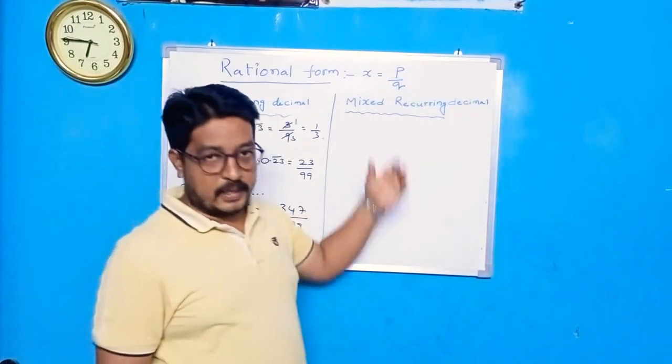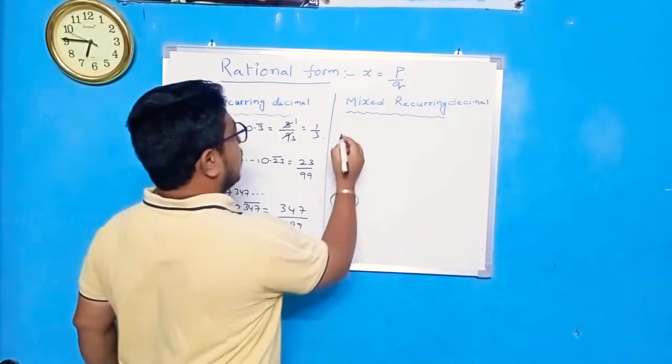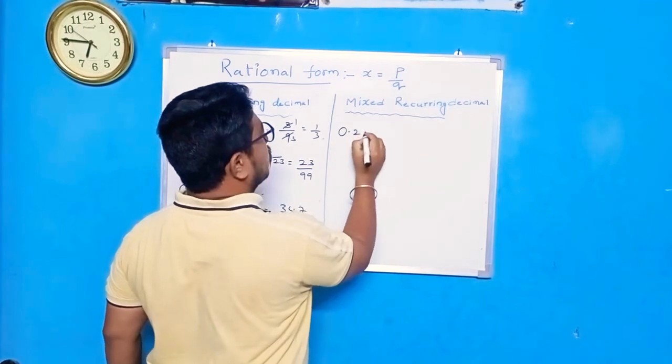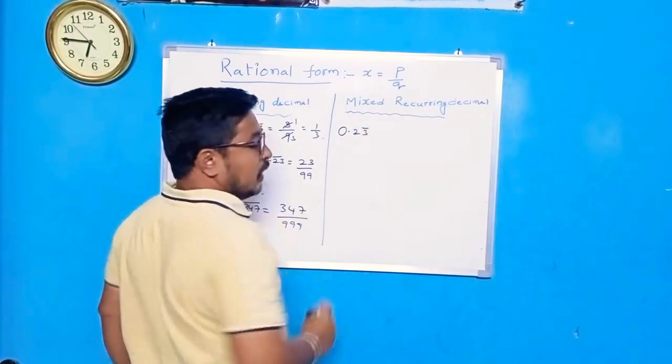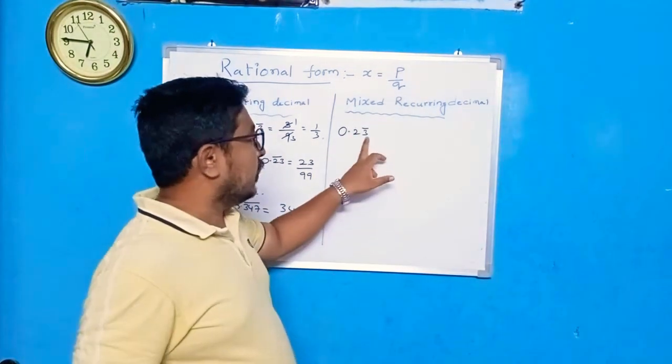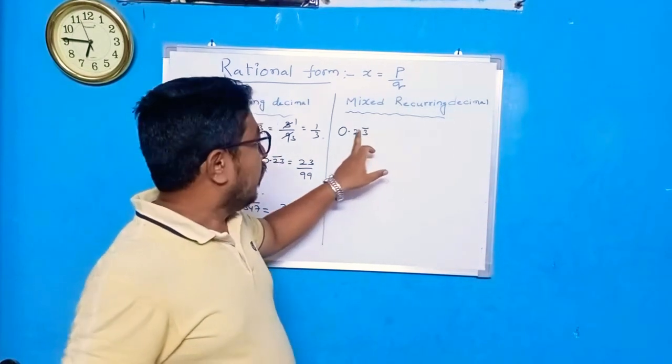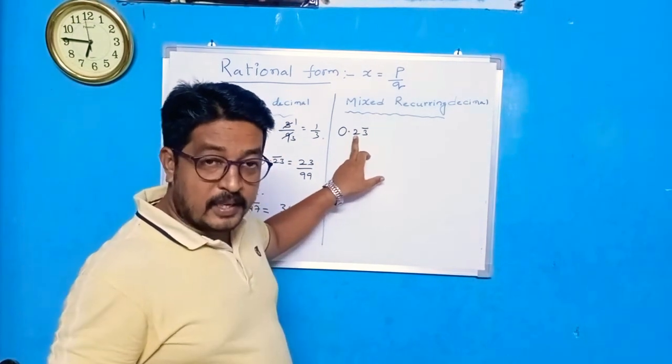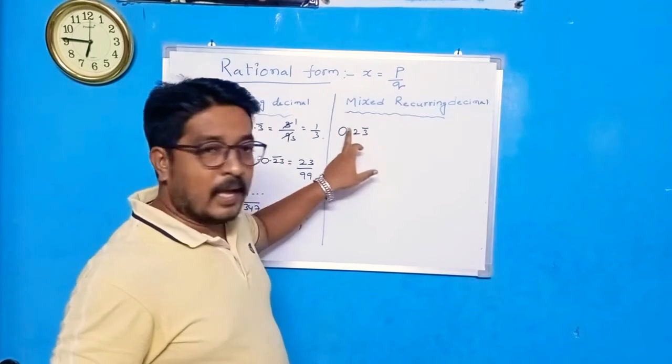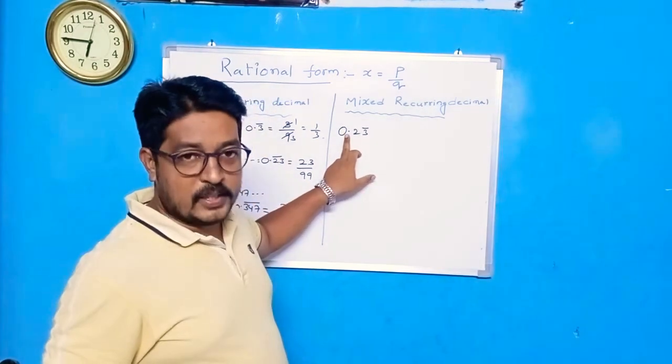What about mixed recurring decimals? Suppose you write 0.23 bar. That means 3 is recurring, 2 is not recurring, that is a mixed recurring decimal. How is this one?